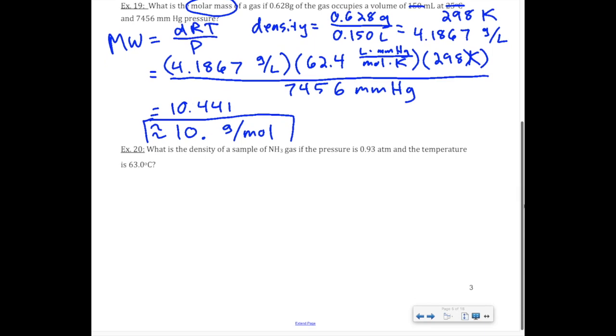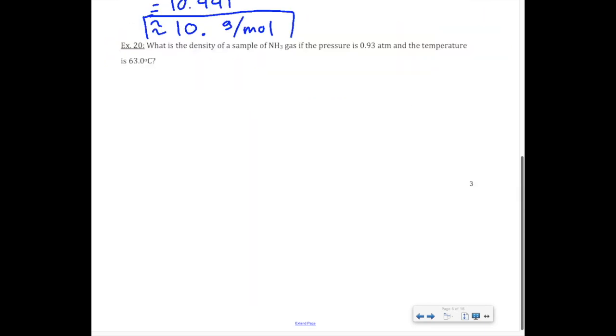Example number 20 is going to show us: what is the density of a sample of NH3 gas if the pressure is 0.93 atmospheres and the temperature is 63.0 degrees Celsius? Right off the bat, go ahead and convert your Celsius to Kelvin.